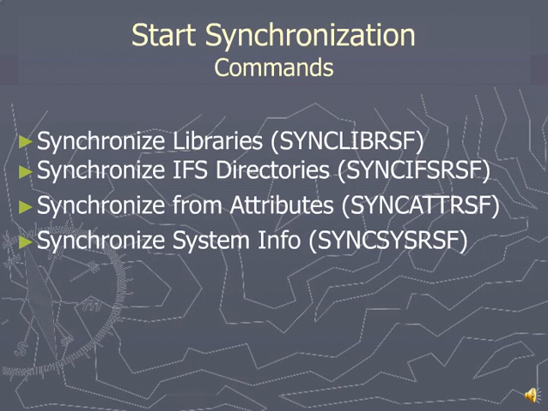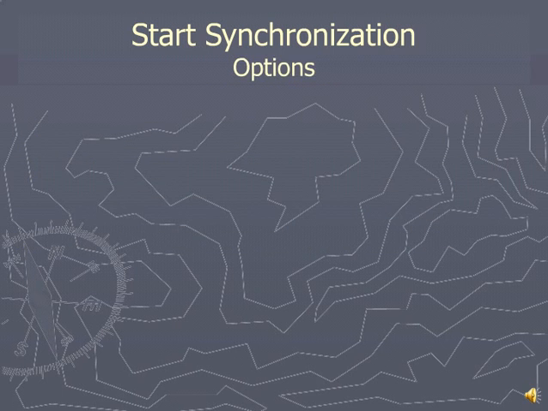Note, by the way, how these and all of the other RSF functions have CL commands associated with them. This makes it easy for you to build RSF functions into your own CL programs. When starting synchronization, you can fine-tune several performance options.